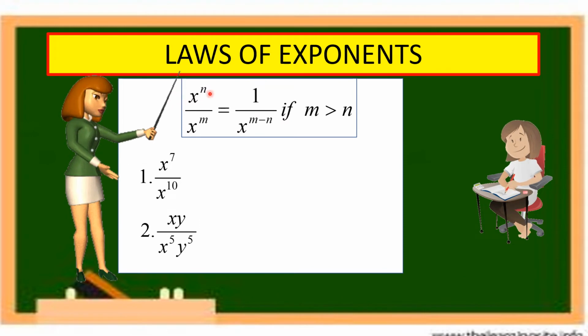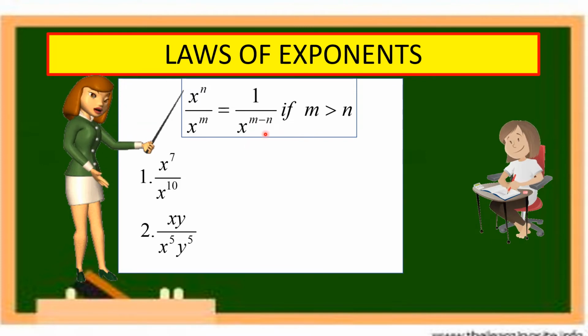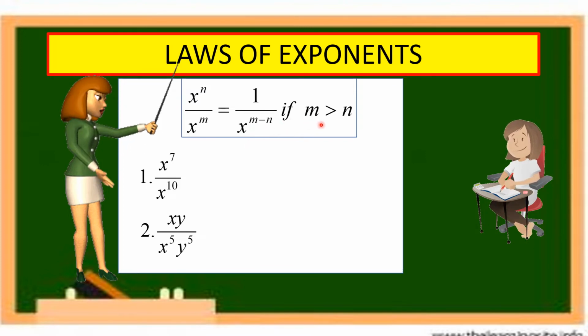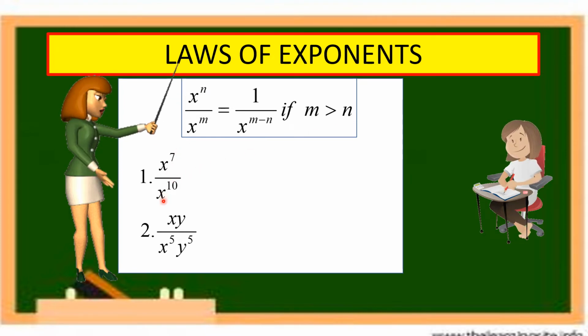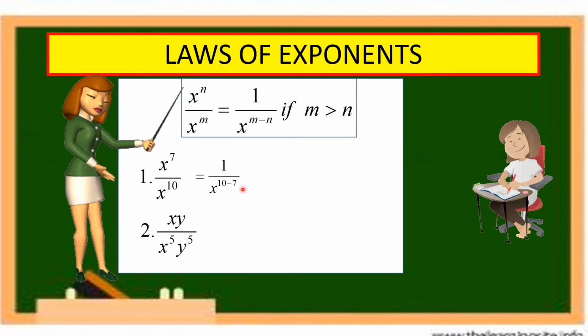We have x raised to the n divided by x raised to the m equals 1 over x raised to m minus n if m is greater than n. So our first problem is x raised to the 7 divided by x raised to 10. It will become 1 over x raised to 10 minus 7. And 10 minus 7 is 3.